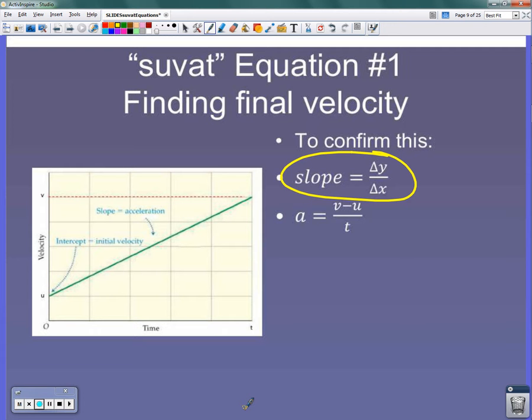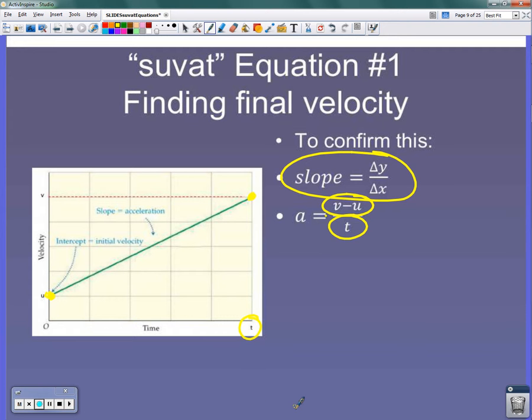If we apply that to this equation specifically, here's v, that's the final velocity. Here's u, that was the initial velocity according to this graph. The change on the y-axis is v minus u. Then the run axis is time. It started at 0, it ended at time t. T minus 0 is t.